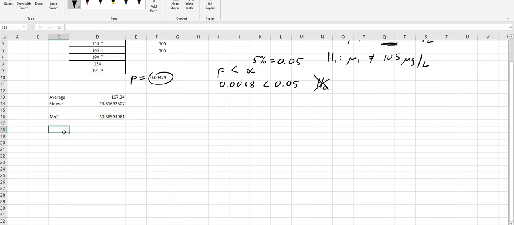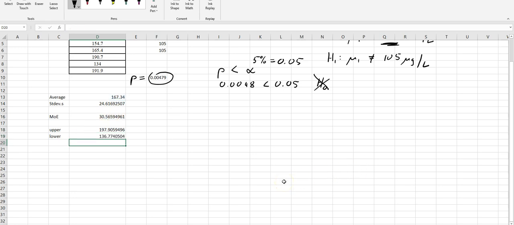Now we can calculate the upper and the lower bound for our confidence interval. Here the upper bound is simply our average plus the margin of error, and the lower bound is the mean minus the margin of error.